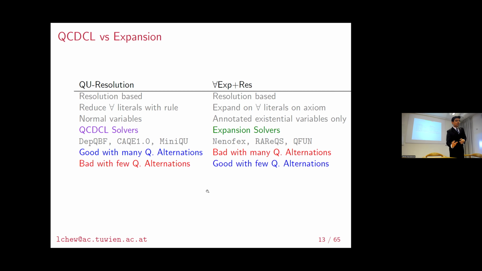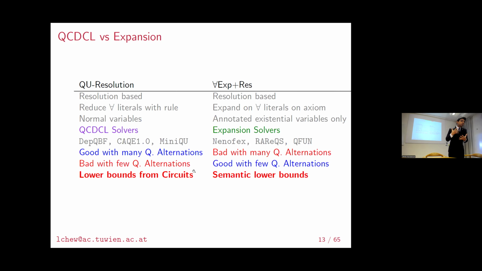And these solvers turn out to be different depending on how many quantifier alternations you have. On the QCDCL side, we're good when we have many quantifier alternations. But on the expansion side, if you have few alternations, and many problems in practice may actually only have a few alternations, then you have an advantage in solving.